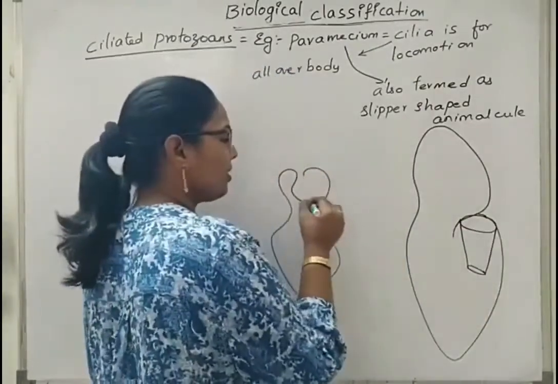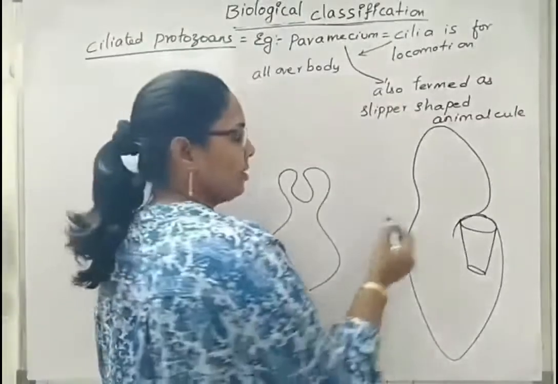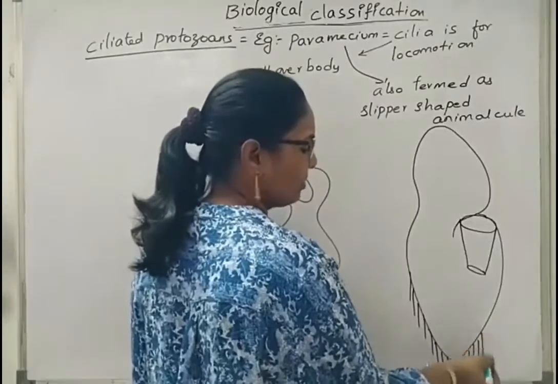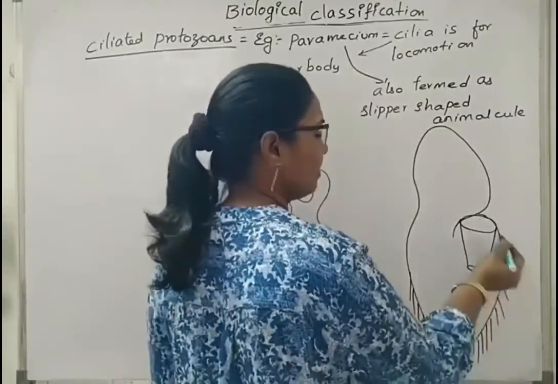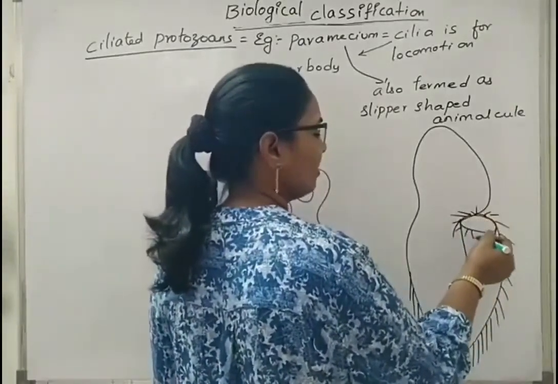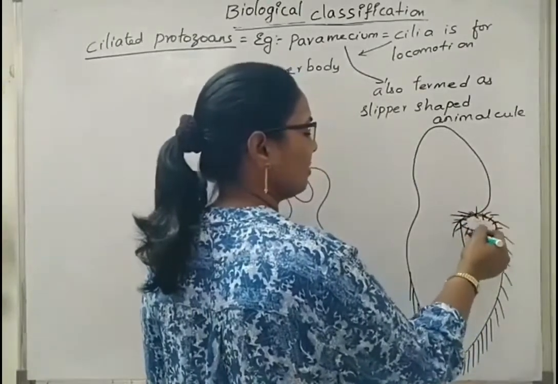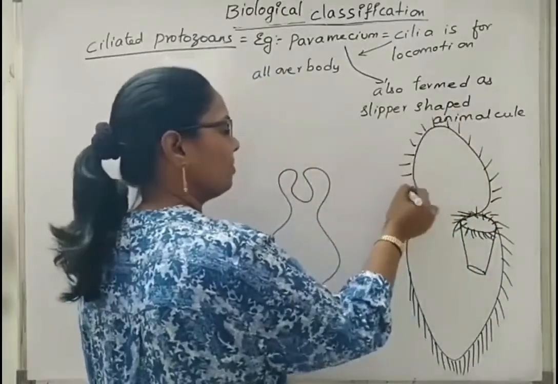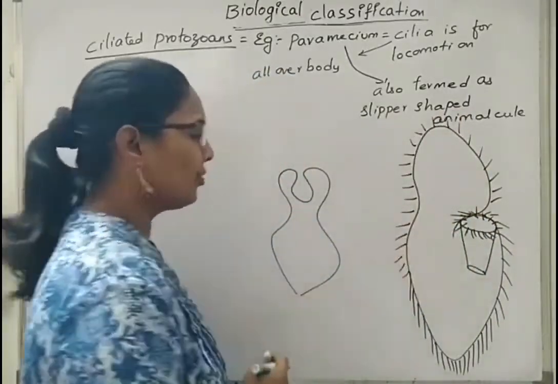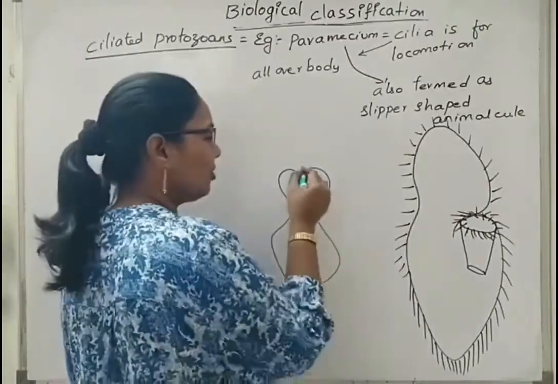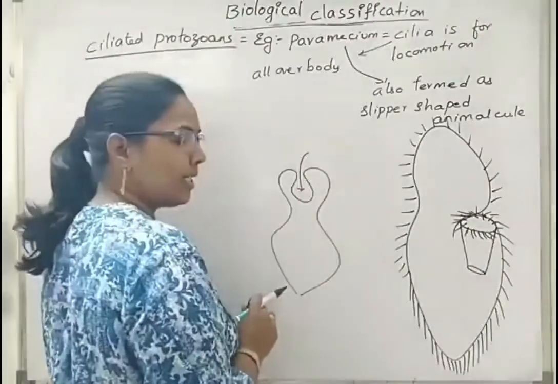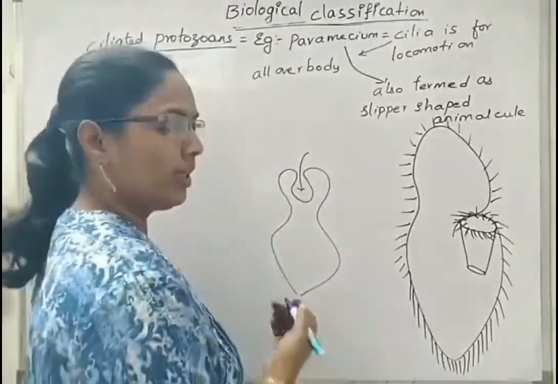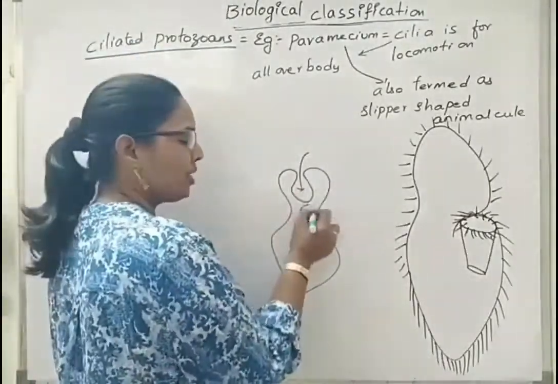In Paramecium, there is a tuft of cilia at the posterior end. When water along with bacteria or zooplankton comes to the oral groove, it enters the body and forms food vacuoles.